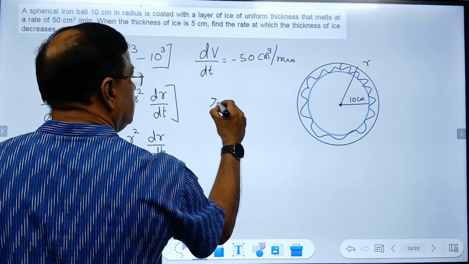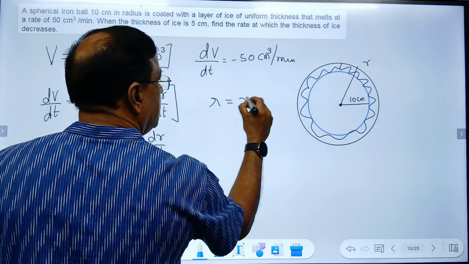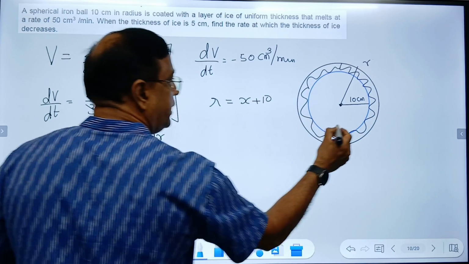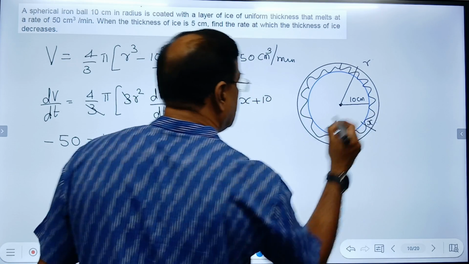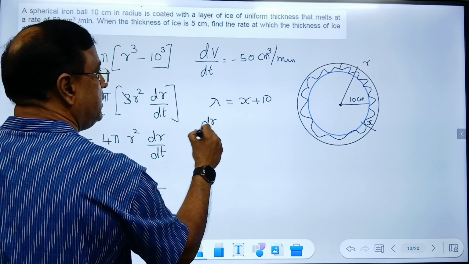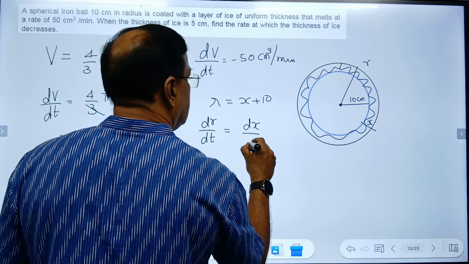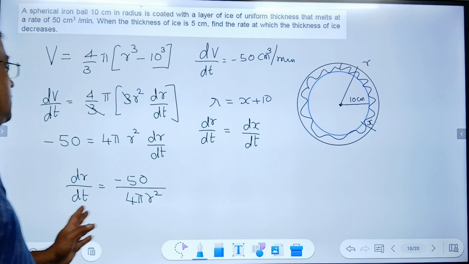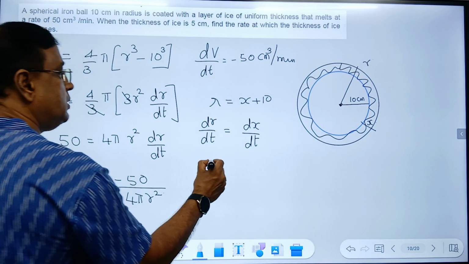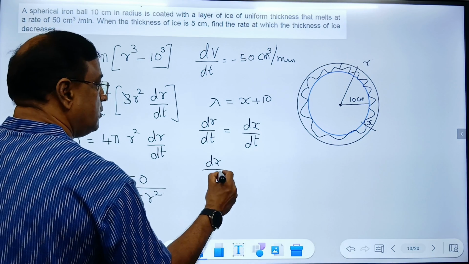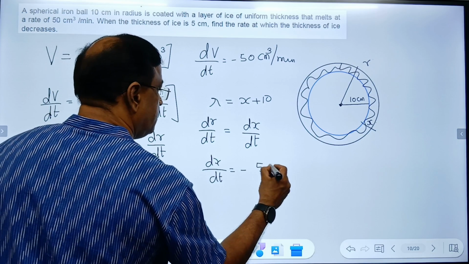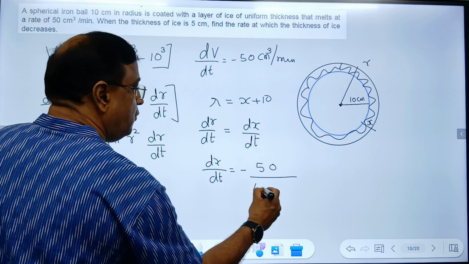I'll take the bigger radius as x plus 10, where x is the thickness. So dr by dt is nothing but dx by dt, both are the same. So dx by dt is equal to minus 50 divided by 4 pi.